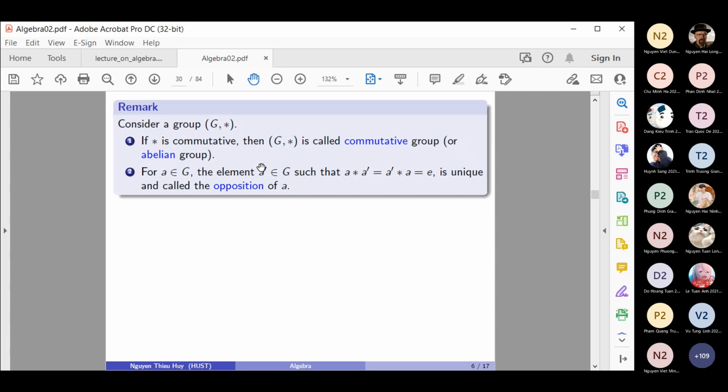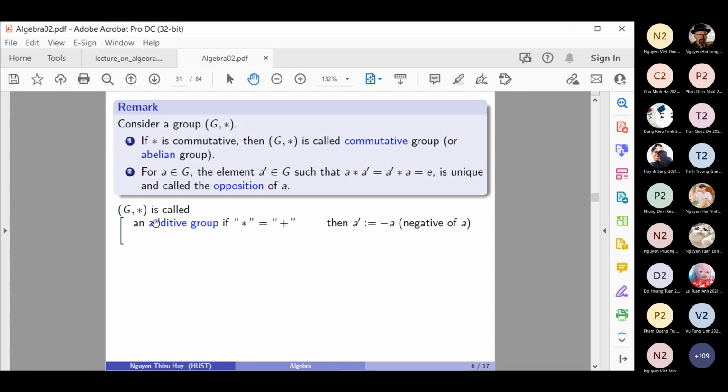As I said before, there are two common ways to represent the binary operation star. The first way is that star may be written as addition, or the second, it may be written as multiplication. Correspondingly, this A prime will have the corresponding name.